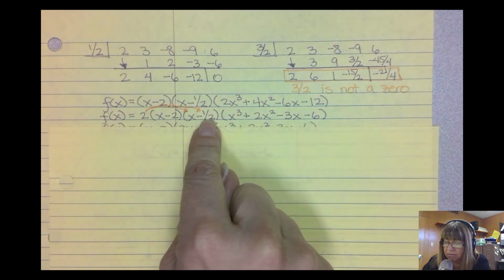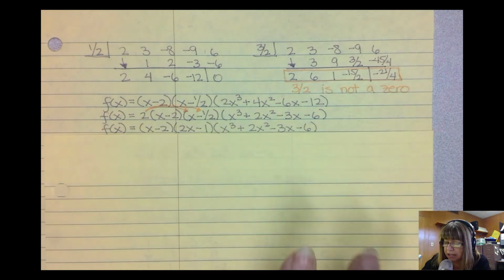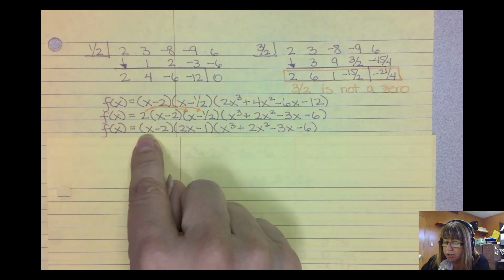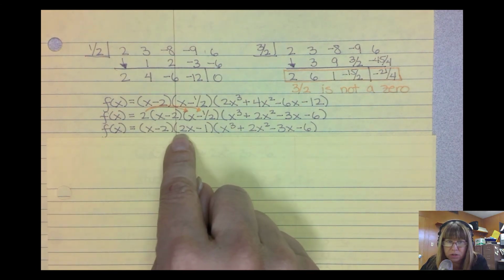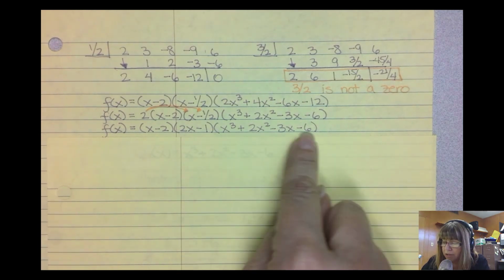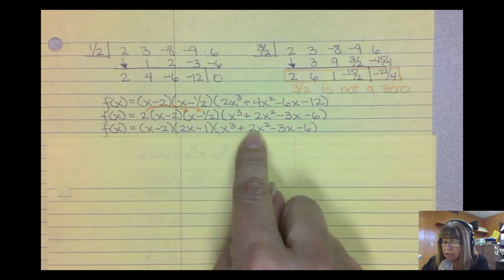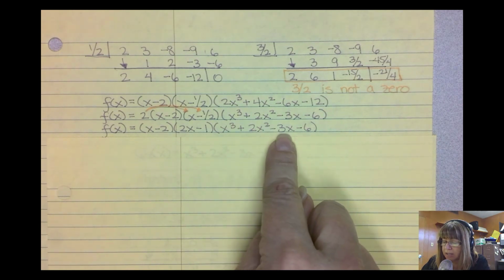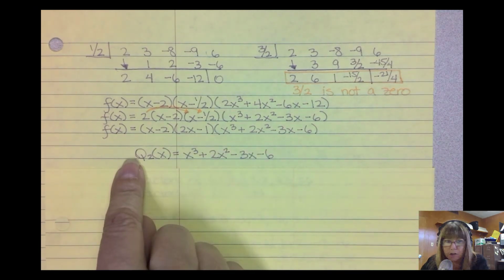It doesn't matter that you're working with a fraction here, but I'm just going to put it back in so it looks a little nicer and neater without the fraction. So I end up getting x minus 2 times 2x minus 1 times this new depressed function of x cubed plus 2x squared minus 3x minus 6. Here is our new depressed function, and I'm going to call it Q2.